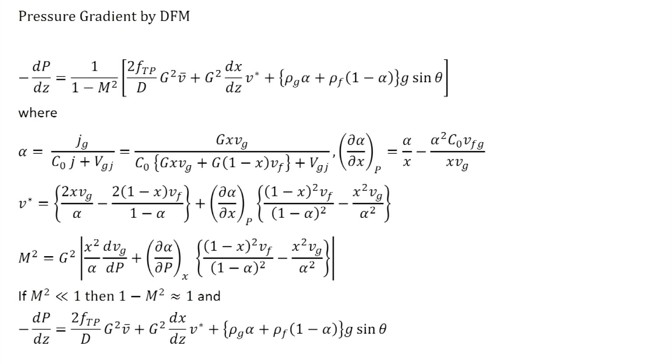So, here we will assume that m square is negligible. So, we get the total pressure gradient as 2 ftp by d g square v bar plus g square dx by dz v star plus rho g alpha plus rho f 1 minus alpha g sin theta.